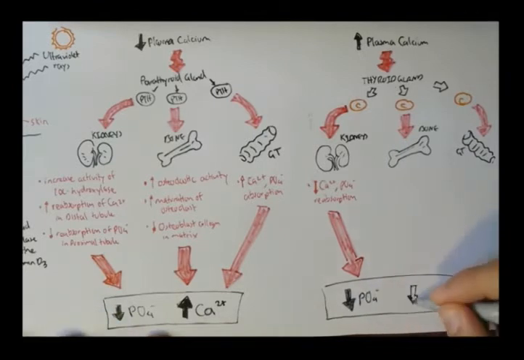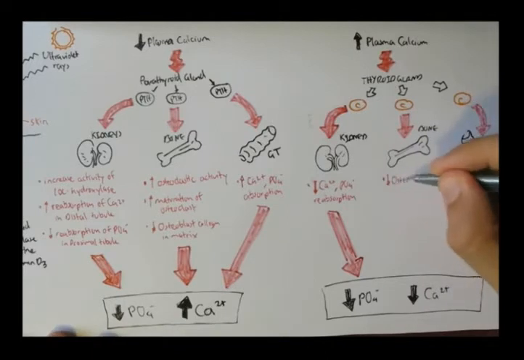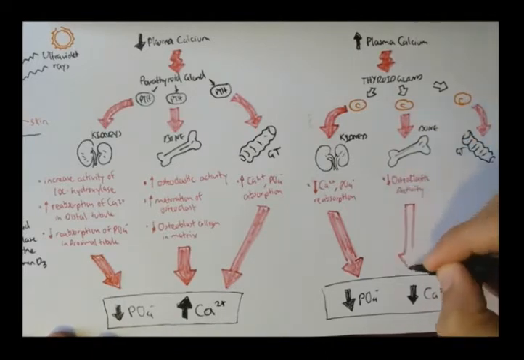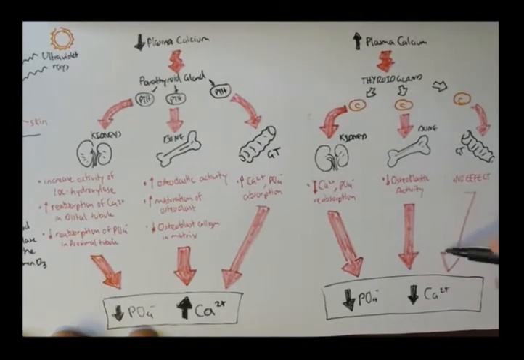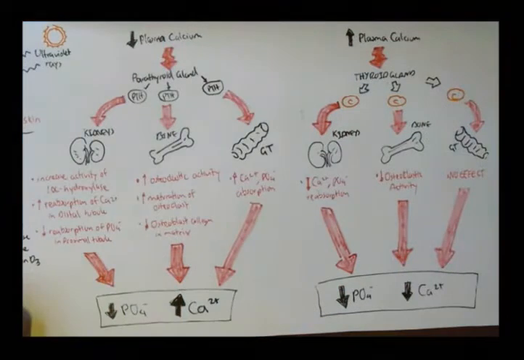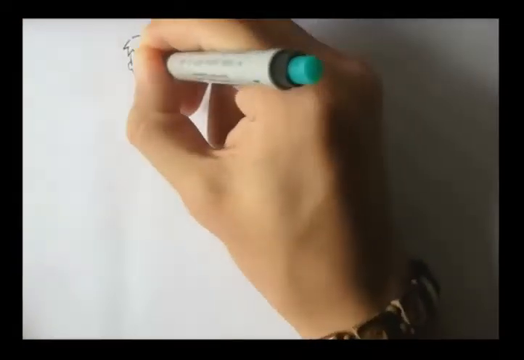Now, calcitonin in the bone will decrease osteoclastic activity, which will then again result in decreased phosphate and calcium. Calcitonin has no effect in the gastrointestinal tract, basically. Also, there's gastrin, which also stimulates the thyroid gland to secrete calcitonin.